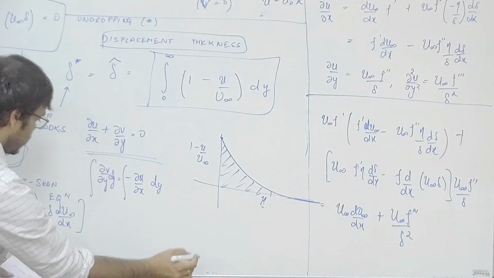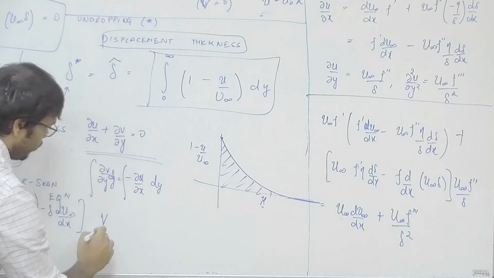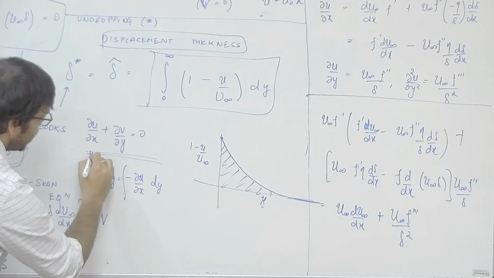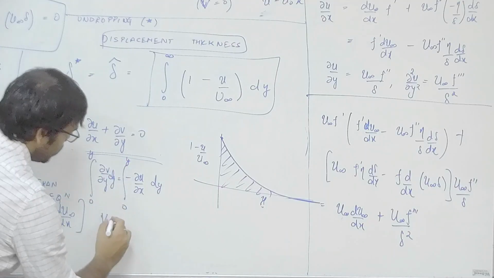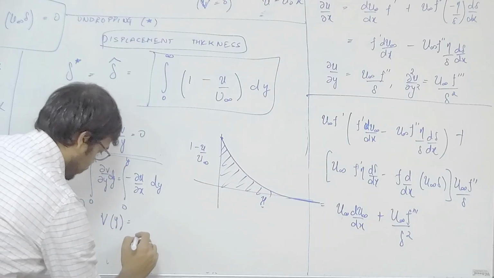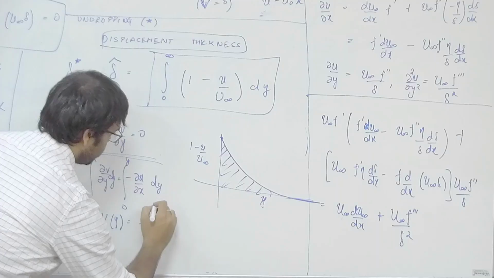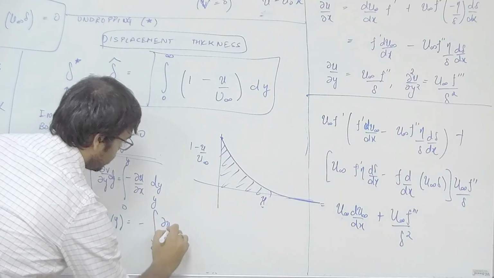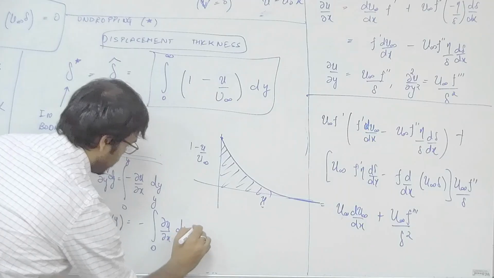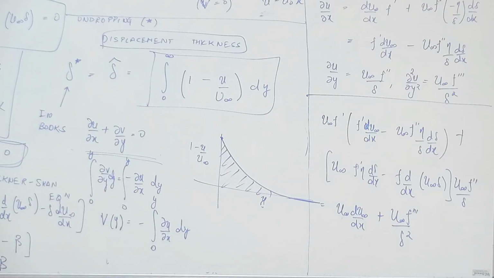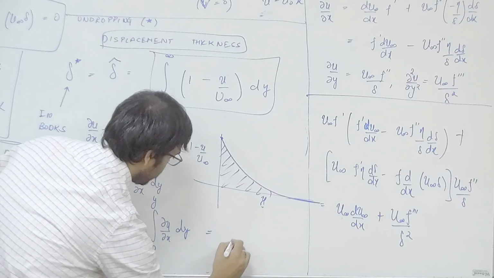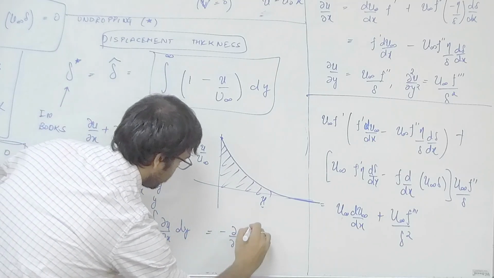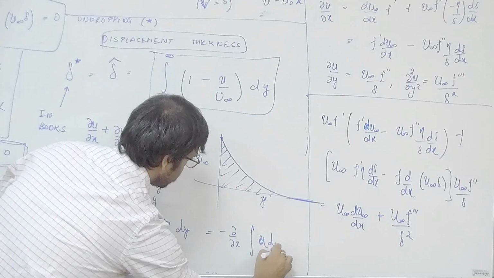then I see that v at a particular y, I can integrate from 0 to y on both sides, and v at 0 is 0. So v at a particular y is nothing but this.